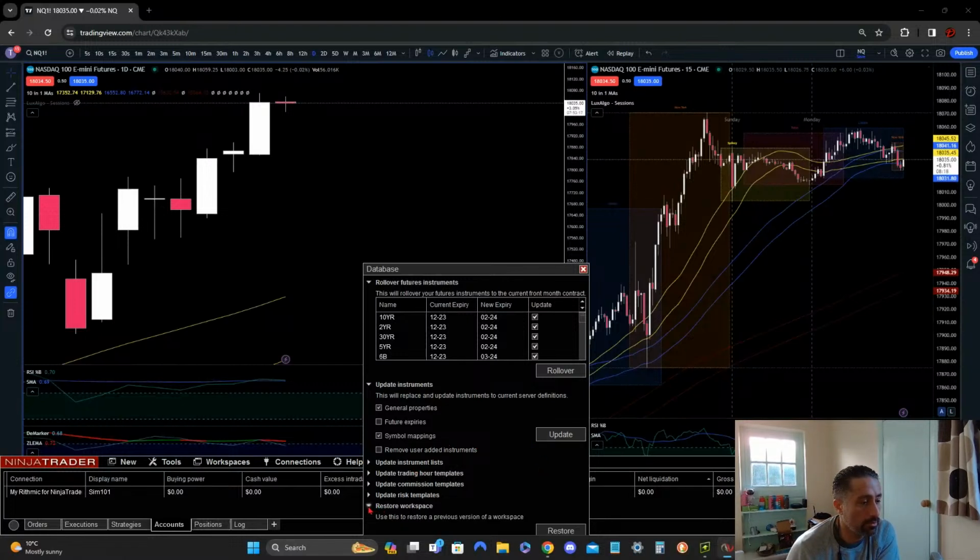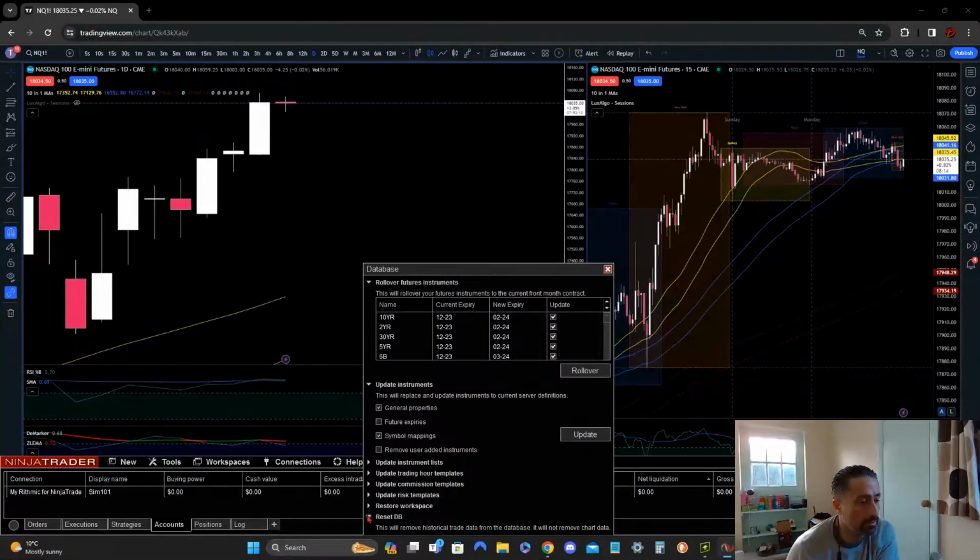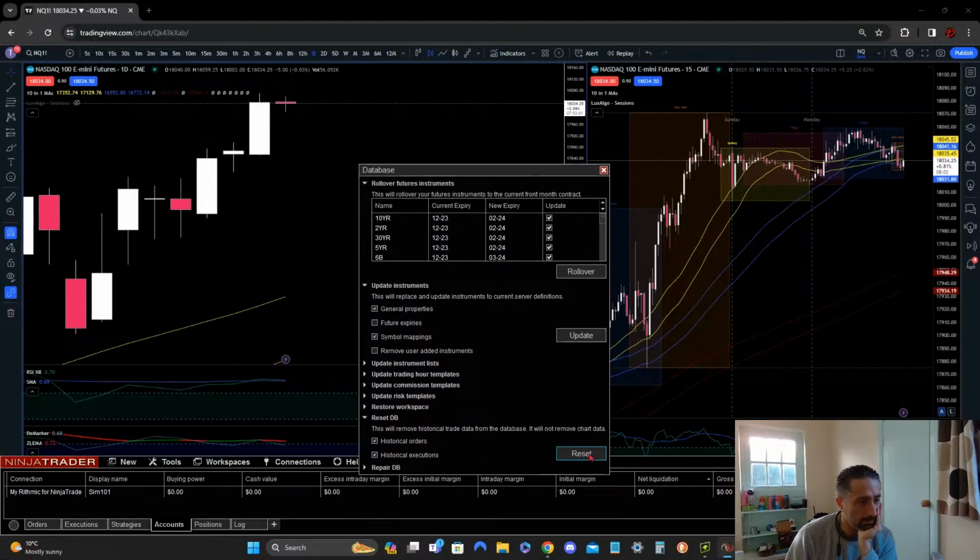Is it restore? To restore previous reset. Service data from the chart. So we do update. This might take a while. Sorry, this one. Remove user added instruments. I don't know what that means.